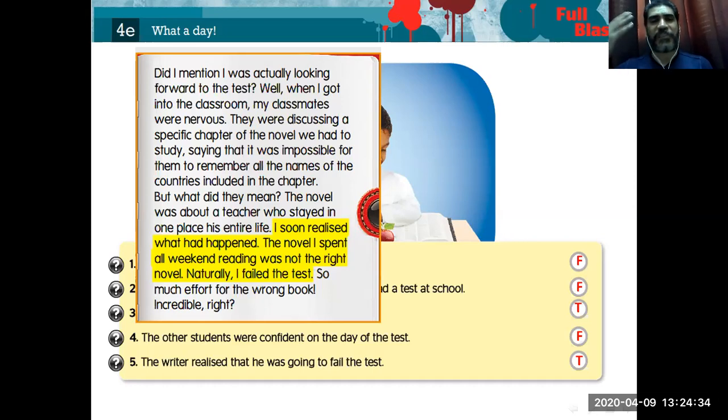Realized means I knew. I soon knew what had happened. The novel I spent all weekend reading was not the right novel.